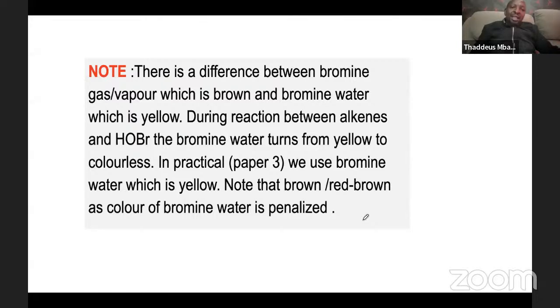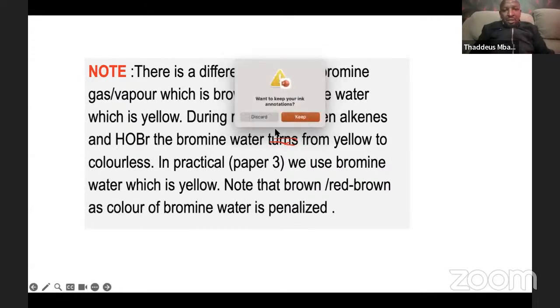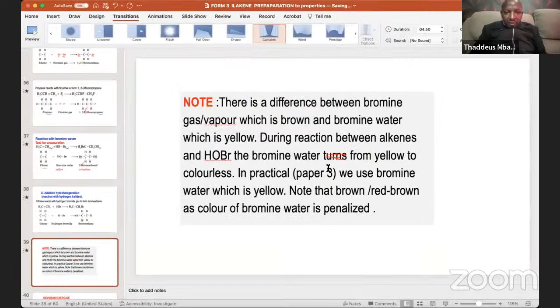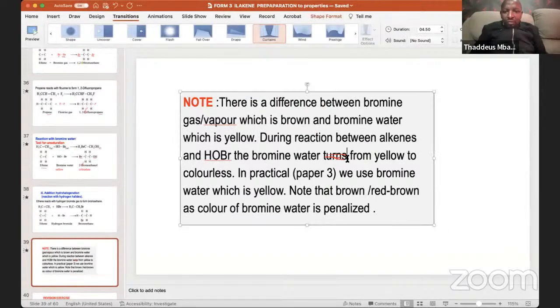Bromine gas is brown, but bromine water is yellow. The reaction between alkenes and HOBr, that is bromine water, it should not be 'turns', it should be 'changes'. Changes, that is the word.